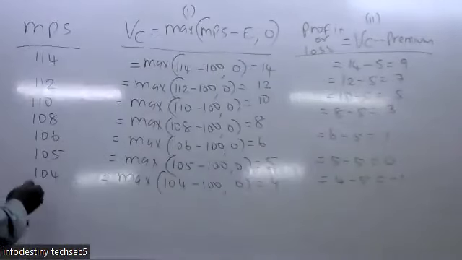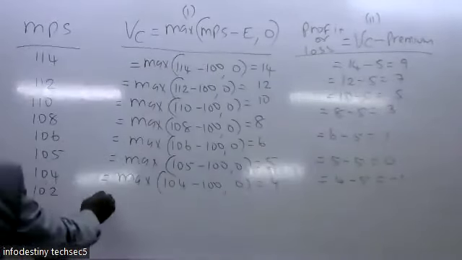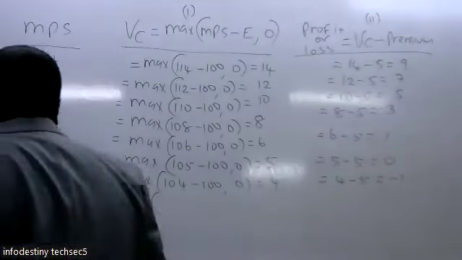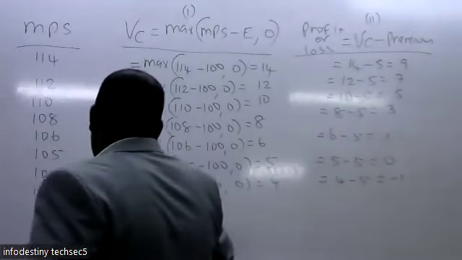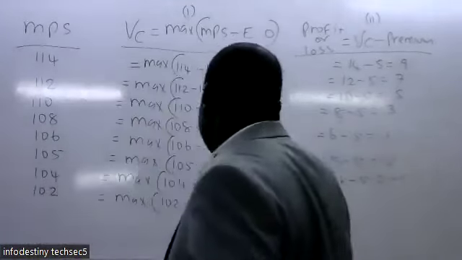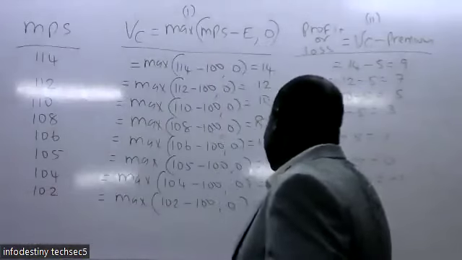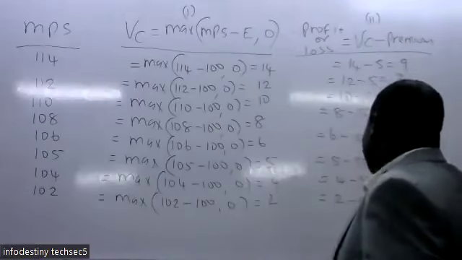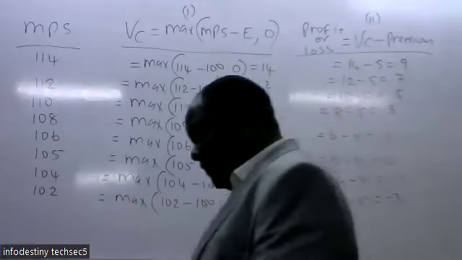The next one is 102. Where you get the maximum, then 102 minus 100. So it will still be, it will also be negative. So 2 minus 5, we get -3.